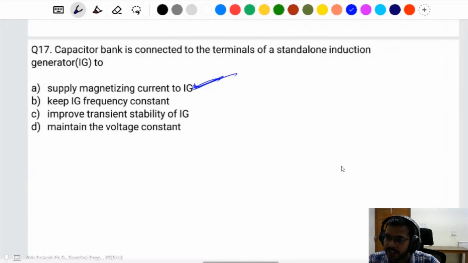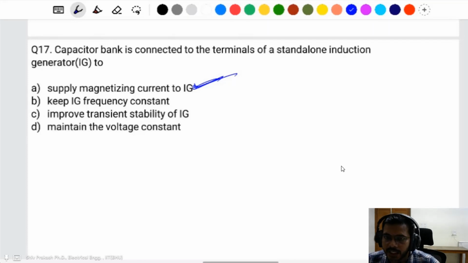When you rotate the rotor, the flux moves and cuts the armature winding, and voltage builds up. There is no need for extra magnetizing power.